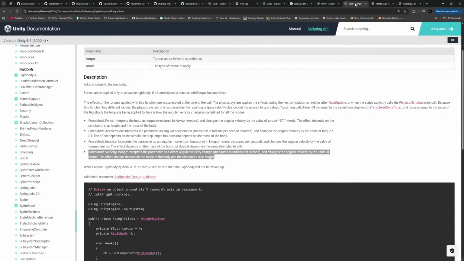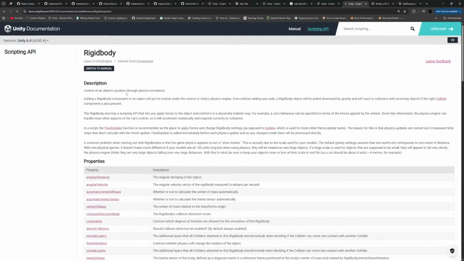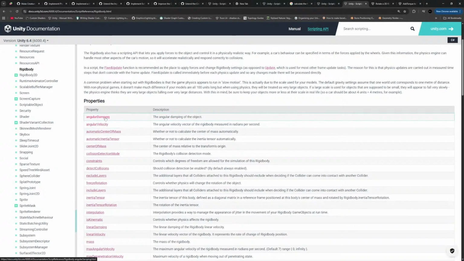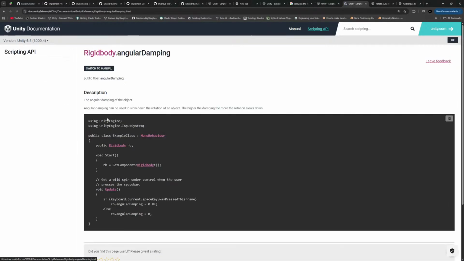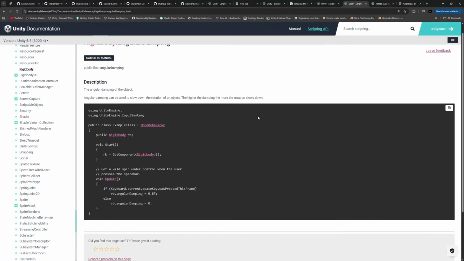Okay, and then I want to see angular damping. But what?